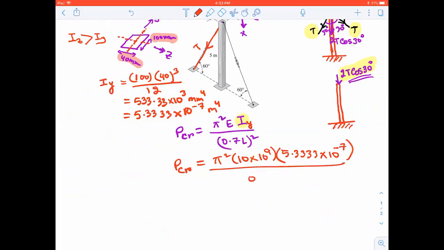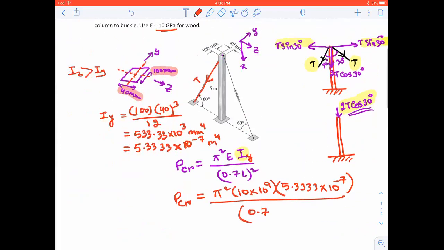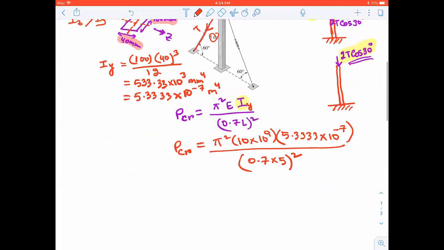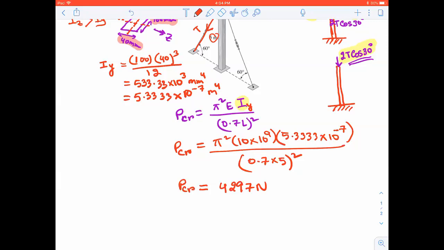And now 0.7 times the total length, which is 5 meter, all squared. If I do that, my critical load turns out to be 4297 Newton. That's my critical load.